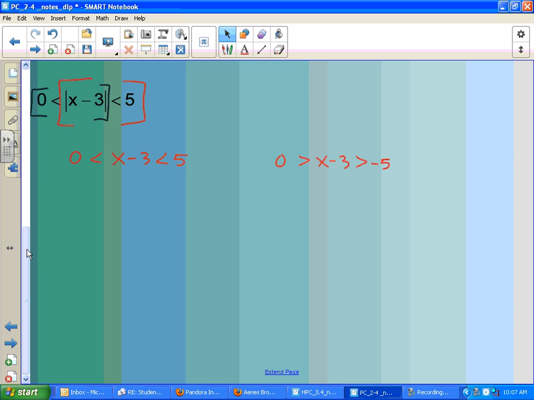All right, then we just go for that x, just like we did before. I need to add 3 to this side, and the same thing's happening over here, right? Add 3, and now I get 3 less than x less than 8.